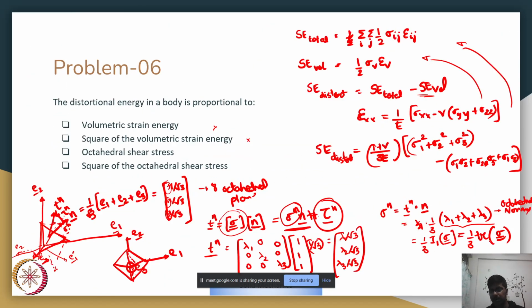This invariant part, the trace, remains unchanged even after rotation of the frame. Now we have obtained the octahedral normal stress. We want the shear stress.